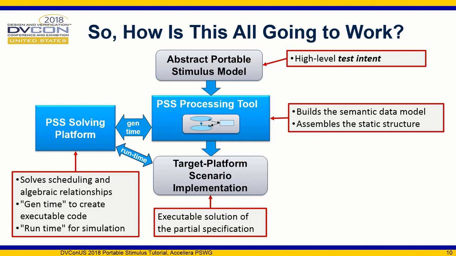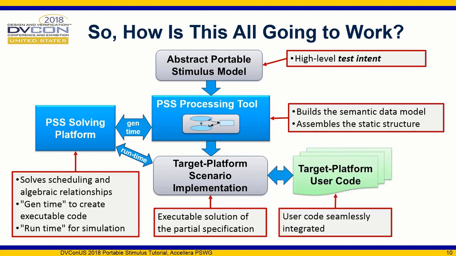A good tool will be able to do either one of these. And then we're going to take that and have it talk to target platform code that you've written. So if you have driver code already written for your device, we're going to allow you to call those driver functions in interesting ways to make sure that your system is actually going to do what you think it's going to do. More importantly, do what you intend it to do. So this is kind of how the whole thing is going to work.